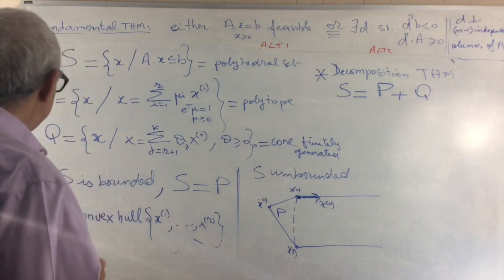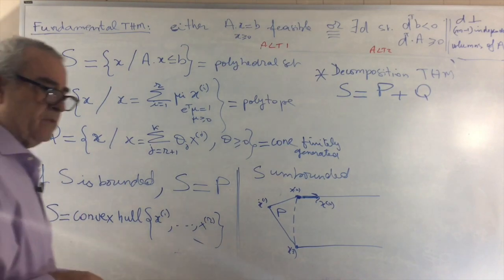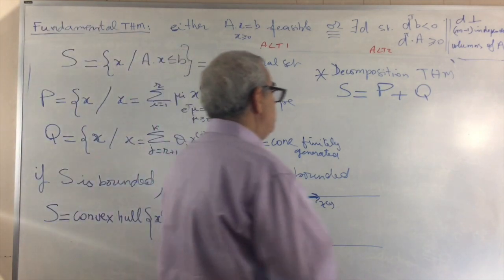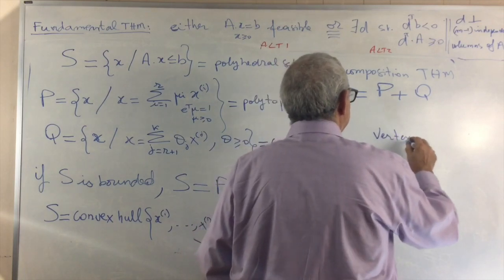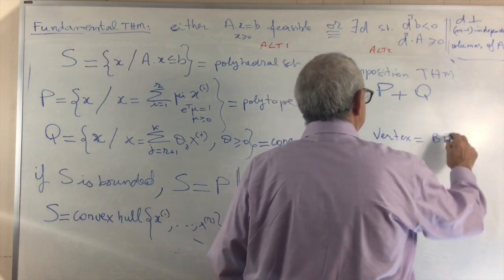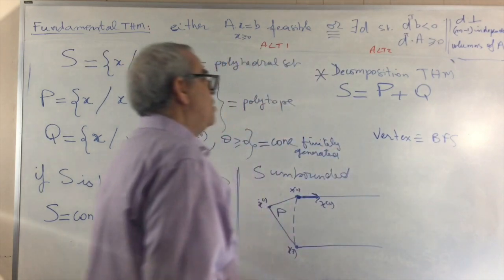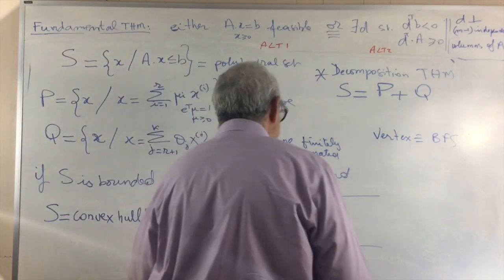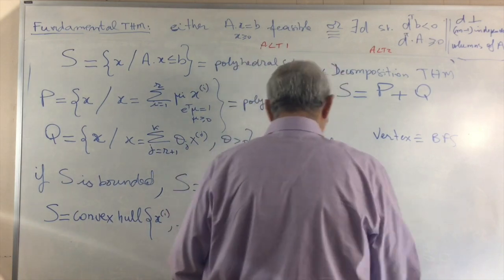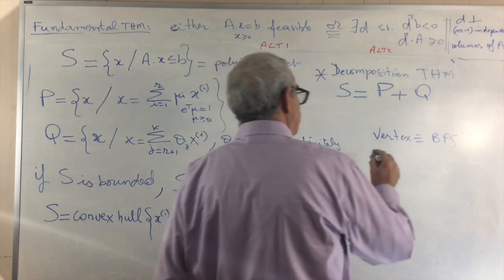Now we showed that a bounded polyhedral set is just the convex hull of its vertices. And remember that a vertex, when you're doing the simplex, is just a BFS. Let me give the formal definition of a vertex.